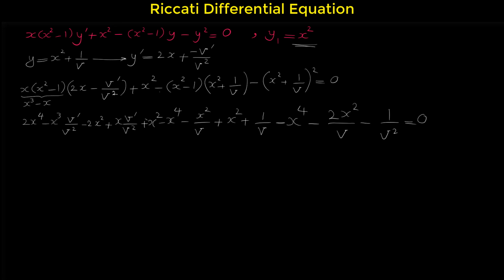Now let's simplify this big expression. Let's see what remains after simplifying. Note that for v prime, the terms with v prime are these two.